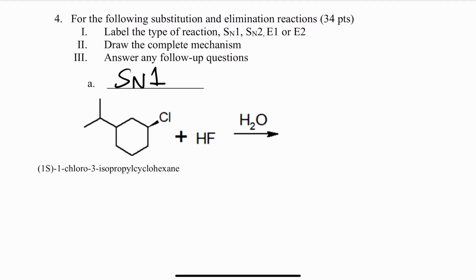Because what's the alternative? Elimination. The E1, E2, doesn't matter if it's 1 or 2, those always take things away. They eliminate stuff. So not only is the leaving group going to go and never come back, there's also going to be a hydrogen somewhere else that will also leave, because E1 and E2 both always create a double bond somewhere.